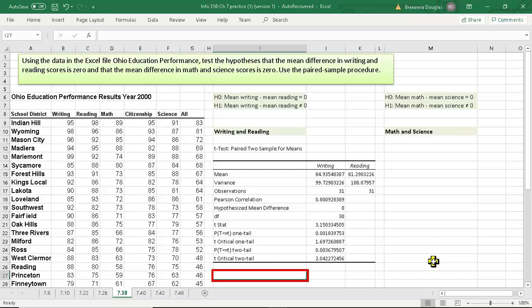Since this is a two-tailed test, we will only be concerning ourselves with the two-tailed p-value and critical value. Since our test statistic of 3.15 does not fall within our critical values of positive and negative 2.04, we will reject the null hypothesis.